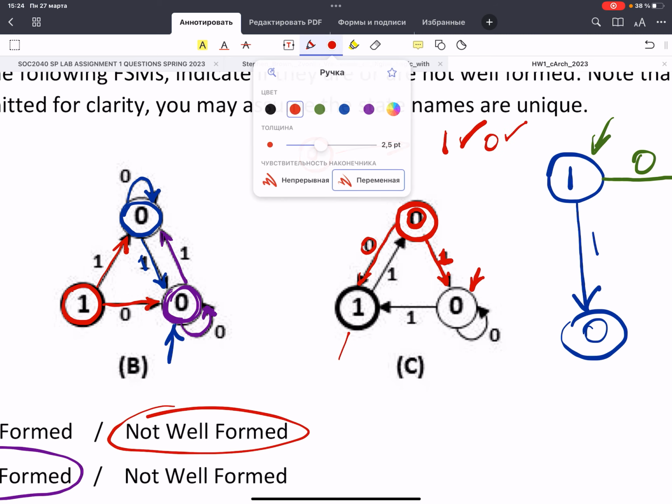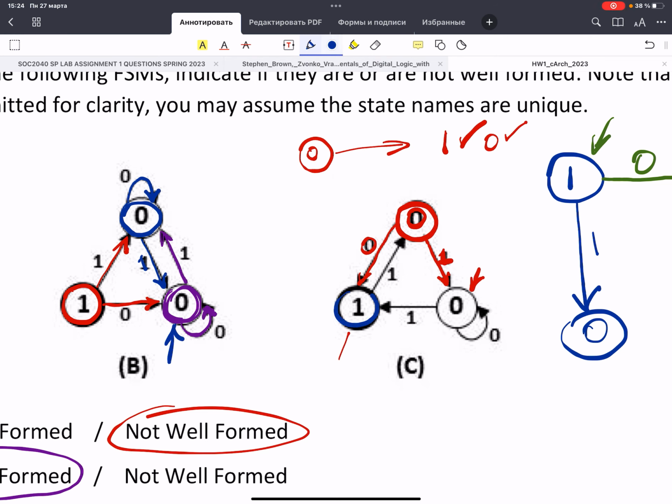But now let's analyze this 1. You see that if input 1 is given, the next state is 0. Good. I'm drawing this one here. State 1. If input 1, next state is given. But what about if input 0?